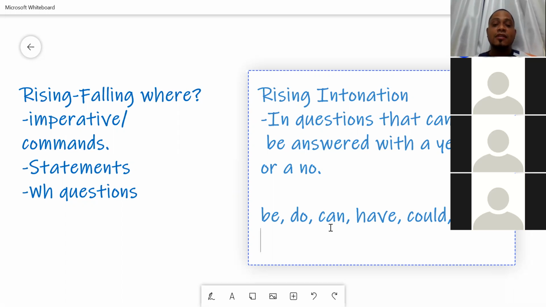So basically, the verb to be in this case is not actually an auxiliary 100%, but it's not an action. And that's why we use it with a rising intonation. That's one reason. And the other reason is that whenever you ask a question with to be, you can answer with a yes or no.